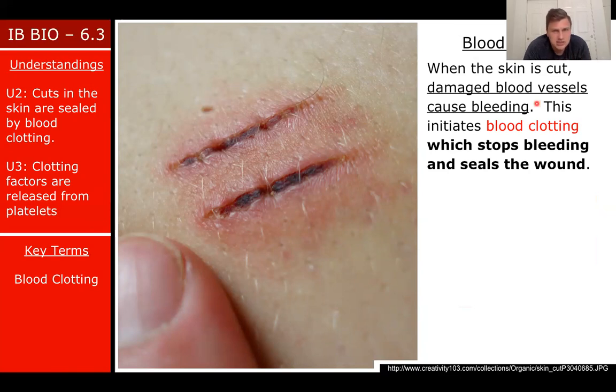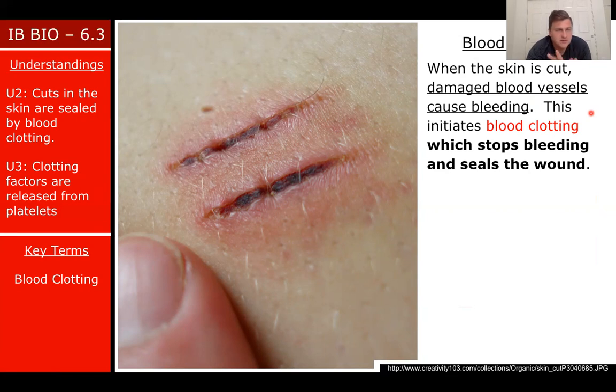You can just see skin being cut or damaged, but there's no blood coming out. In that case, first of all, you don't need blood clotting, but that also means you did not damage a blood vessel. You probably cut somewhere on a surface or between vessels, so there's no bleeding, because you only bleed when you damage blood vessels.